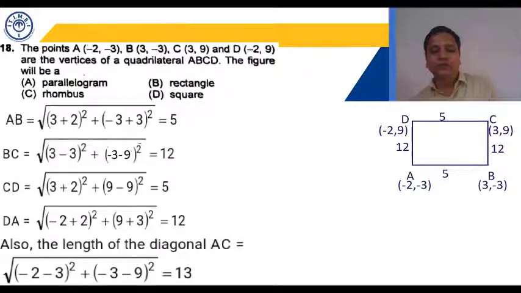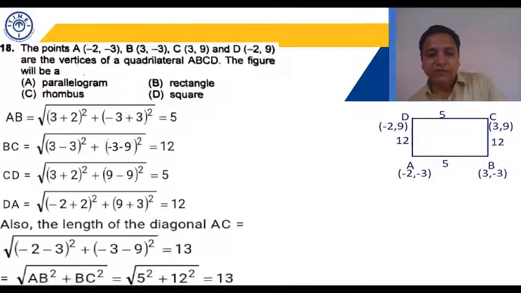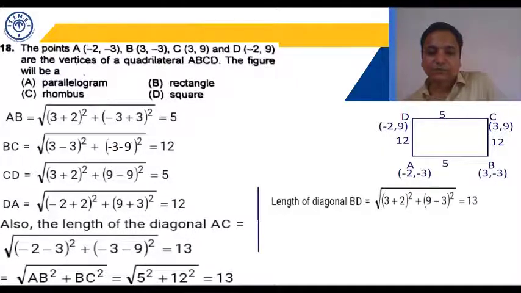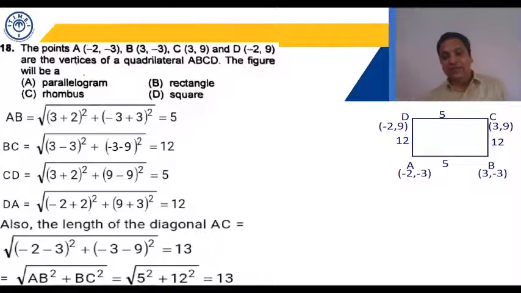Which formula are we using? Purely the distance formula. Then AB square plus BC square is 5 square plus 12 square, that is 13 square. In this way, AB square plus BC square also satisfies AC square.